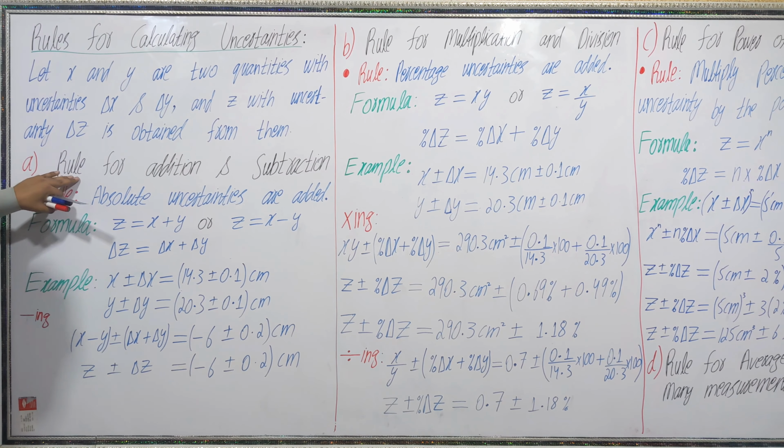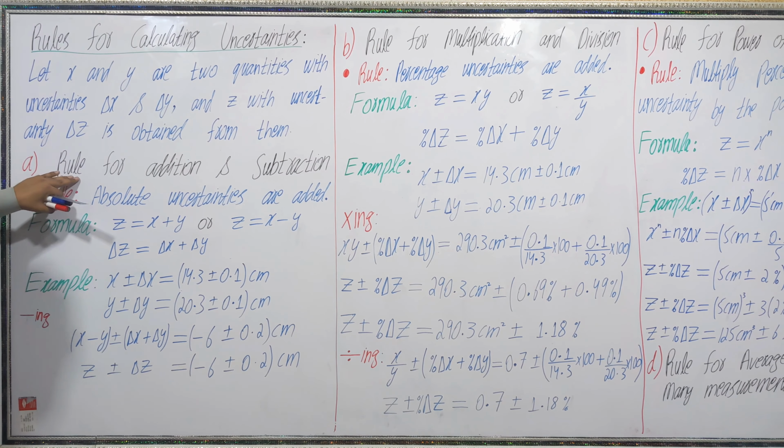So, in that lecture, this del represents uncertainty. Similarly, this 14.3 is the length of this marker. X shows the length of the marker, and del x shows uncertainty. X is 14.3 and del x is 0.1.